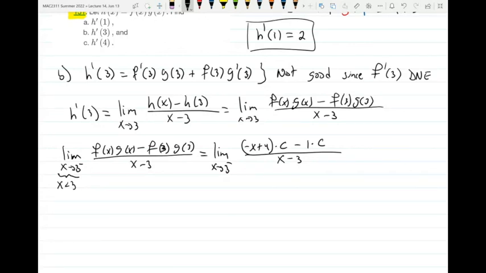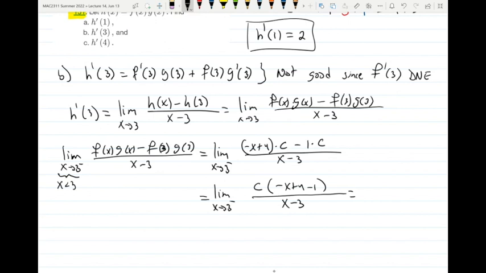All right, so let's take this limit. This is a good exercise because it's going to take us on different trips, as you're about to see. So this is negative cx plus 4c minus c over x minus 3. Actually, I'm going to factor out the c, and then we have negative x plus 4 minus 1.